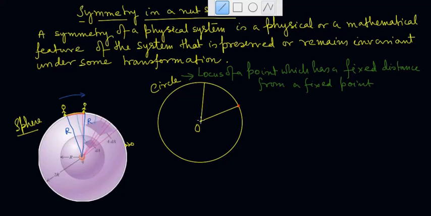Now if you are here, you are changing your position. But if there is nothing other than this circle, then whether you are here or here, it doesn't matter at all. You will not be able to identify that any changes have happened. To try to realize this, suppose there is no stick, there is nothing, only this point, and you are standing here.